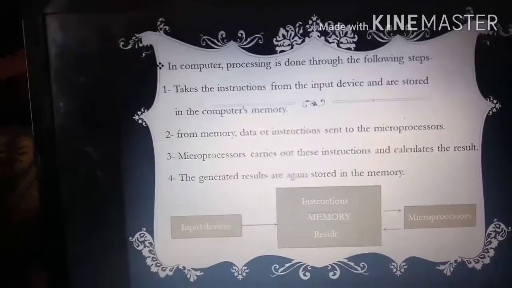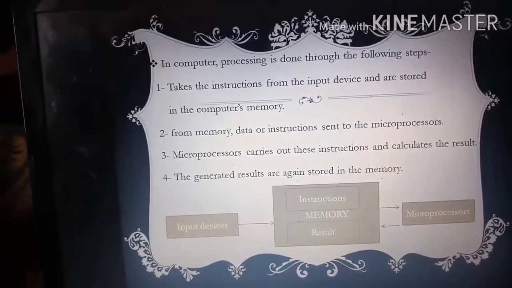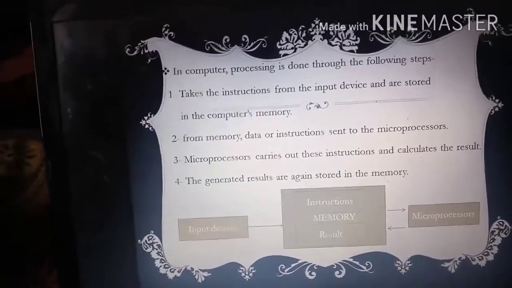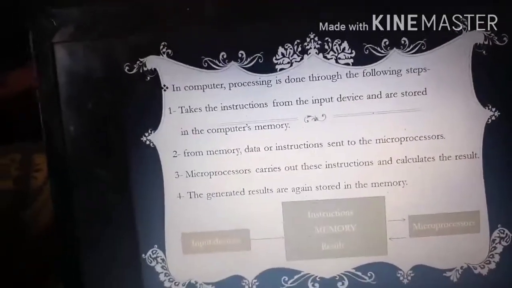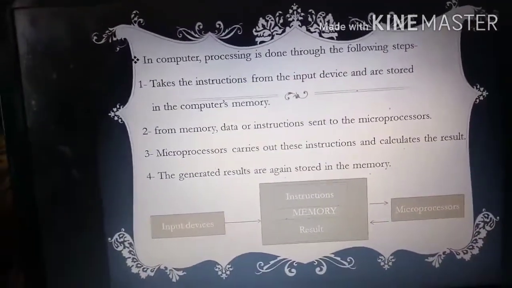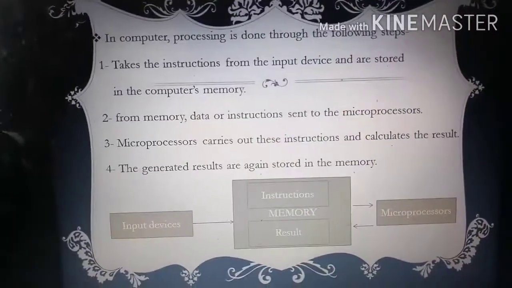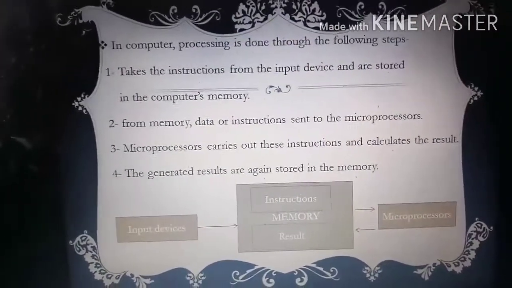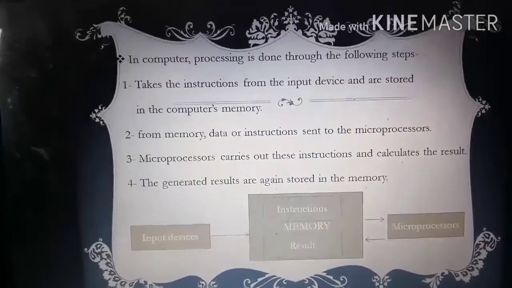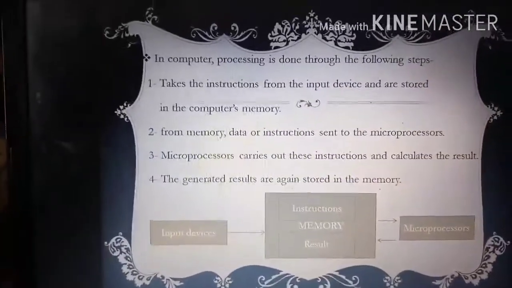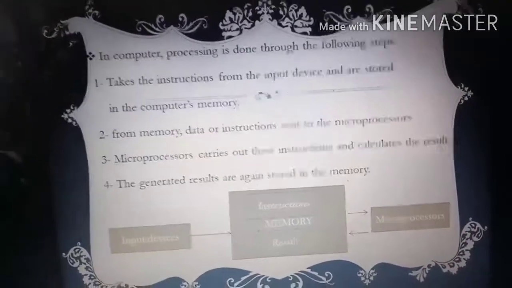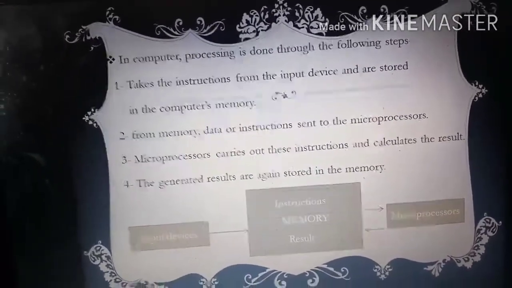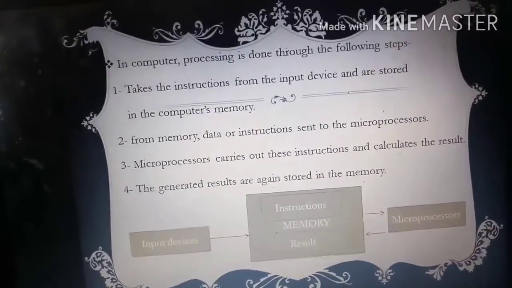Yes, in a computer, processing is done through the following steps. How does the computer process? In the first step, the computer takes instructions from different input devices like the keyboard and mouse. Whatever instructions it receives from the input devices, it stores in the computer memory.